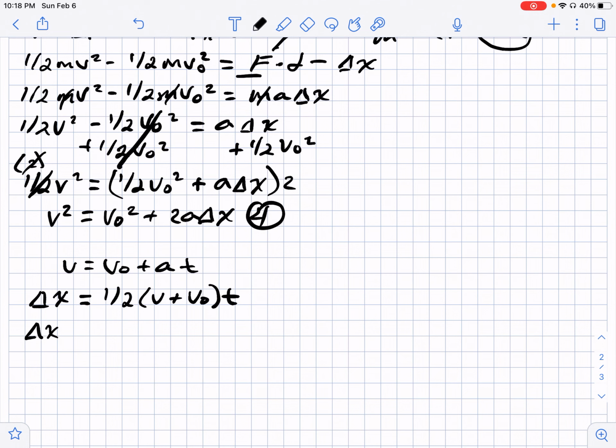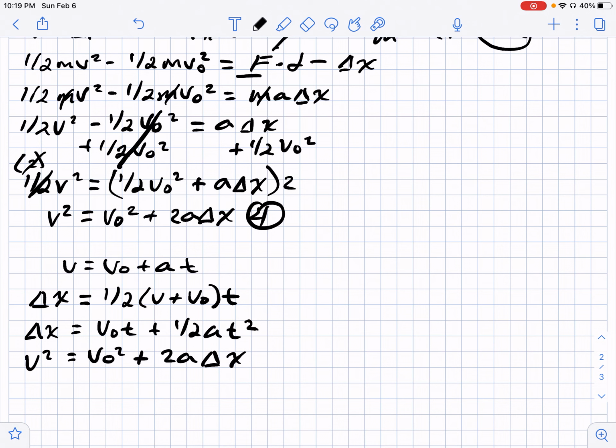Delta x is equal to v naught t plus 1/2 a t squared. And then lastly, we have v squared equals v naught squared plus 2a delta x.